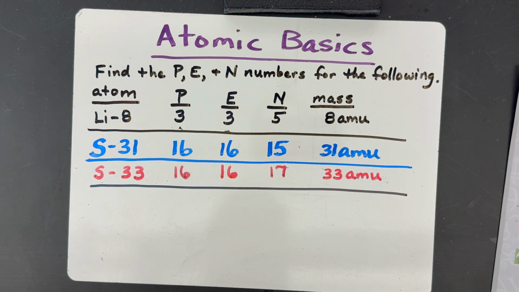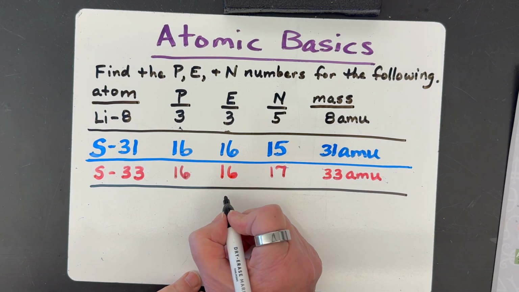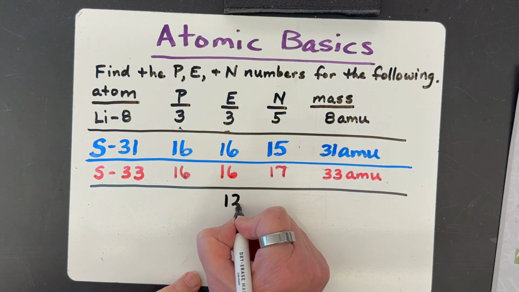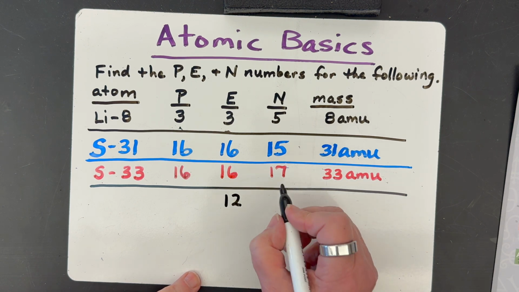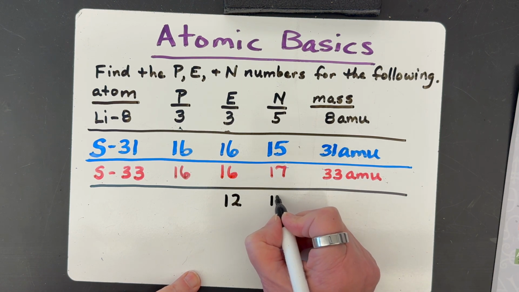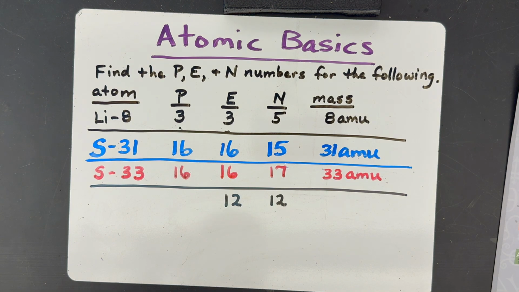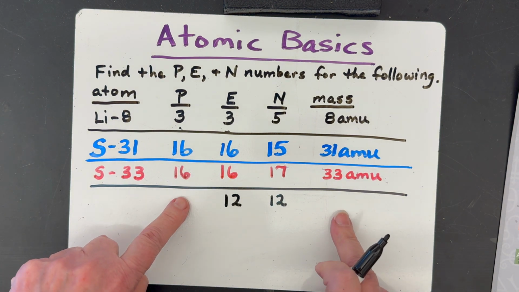Let's try another one. Let's say we know that the number of electrons is 12 and the number of neutrons is also 12. And we have to find these three things.